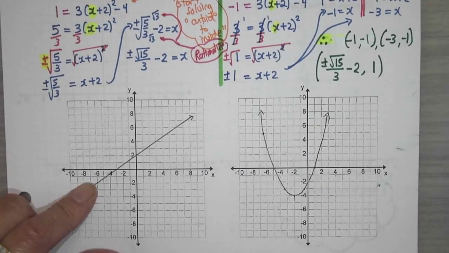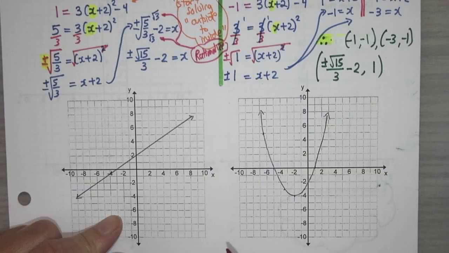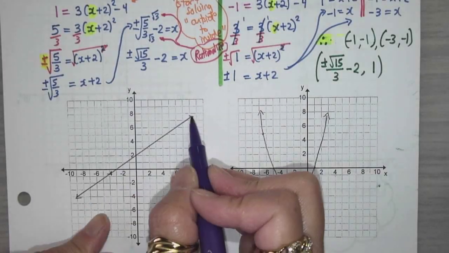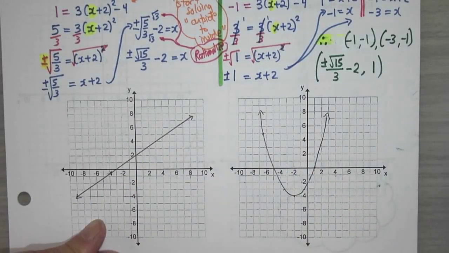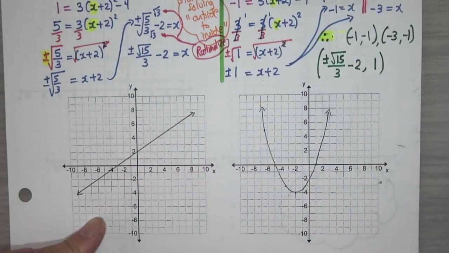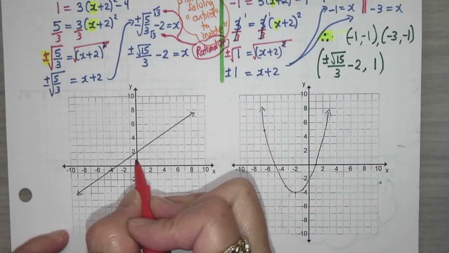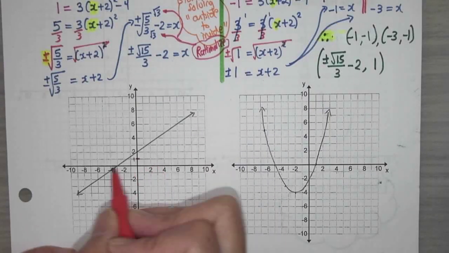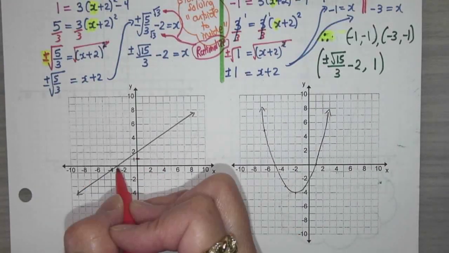Invariant point means, okay, and I'm going to highlight that in purple. Actually, I'm going to do it red so you can see. You're going to look at this graph. Wherever I see y is 1, go to your line function wherever it is and draw a dot.